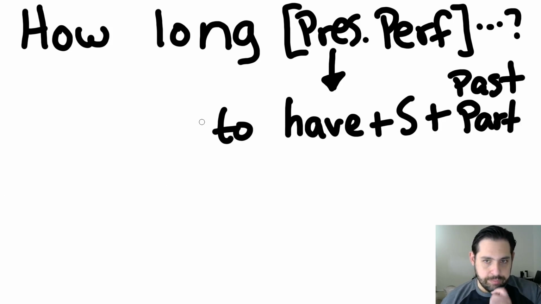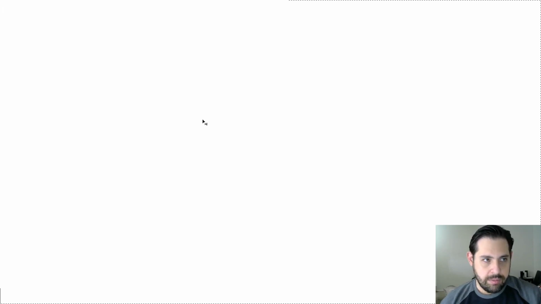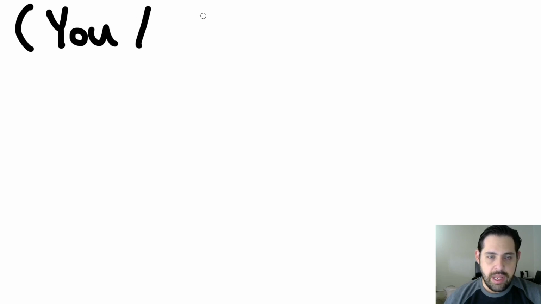So let's look at how this works in an example. If I'm going to ask something, suppose our subject is you, and we're going to be asking about study English.